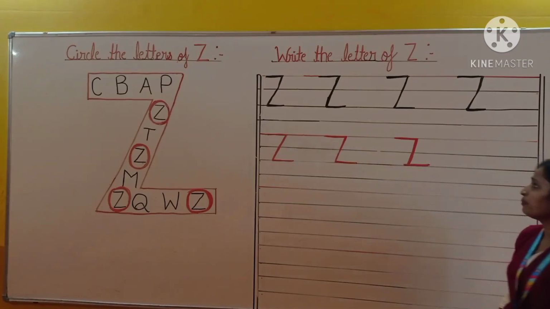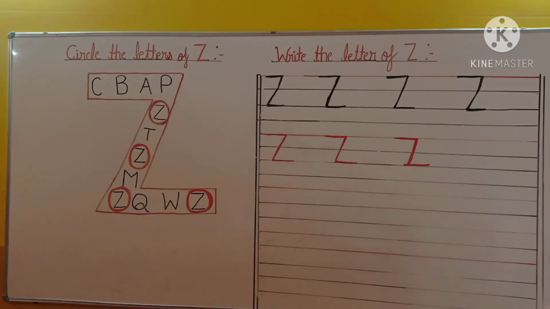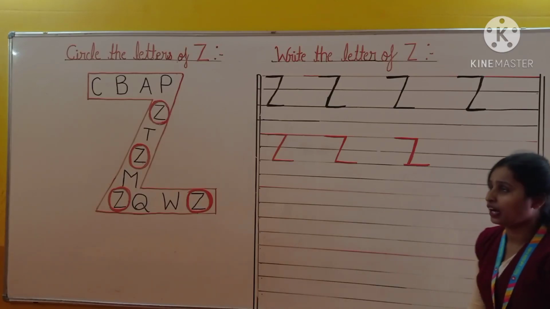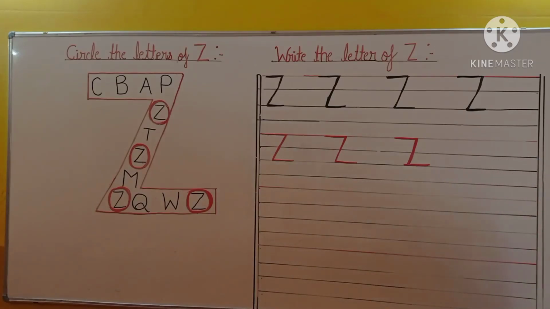This is a capital letter Z. Z is for zebra. Repeat again. Start from the dot, draw a sleeping line. Then slanting line down.